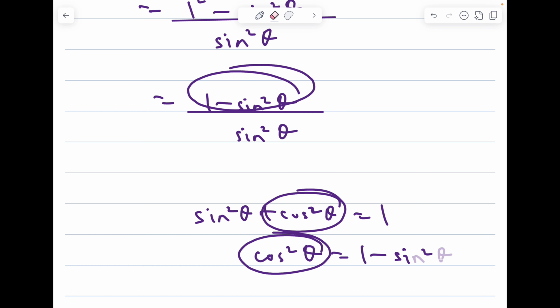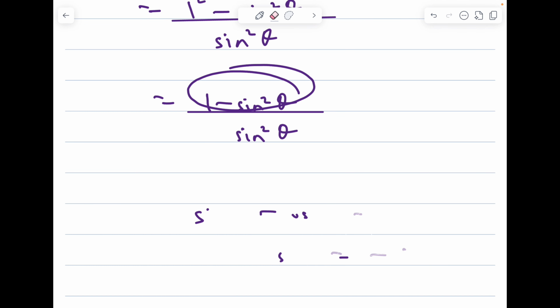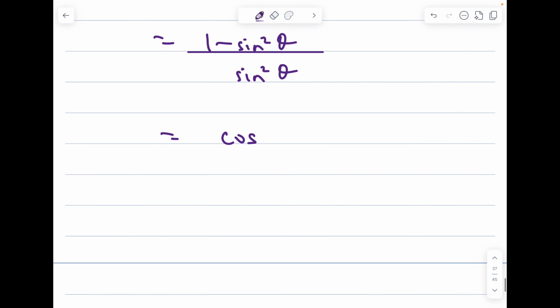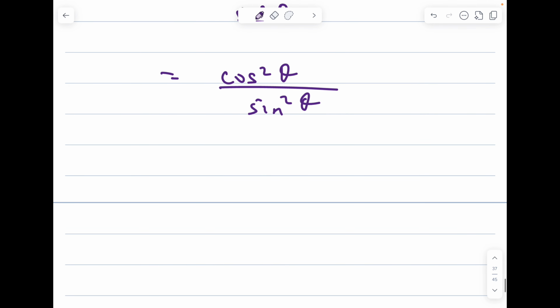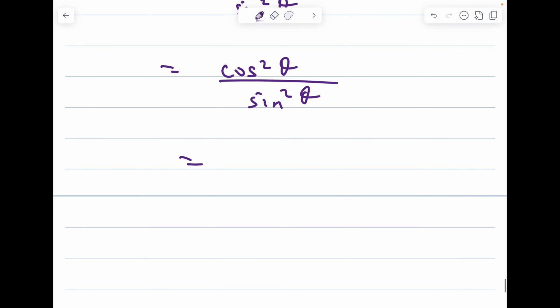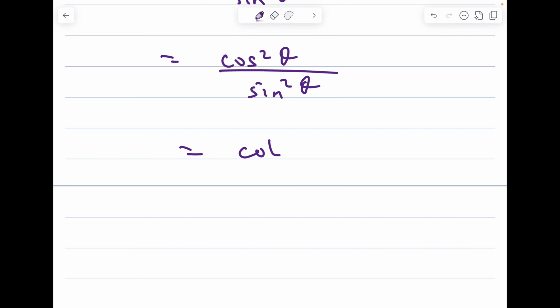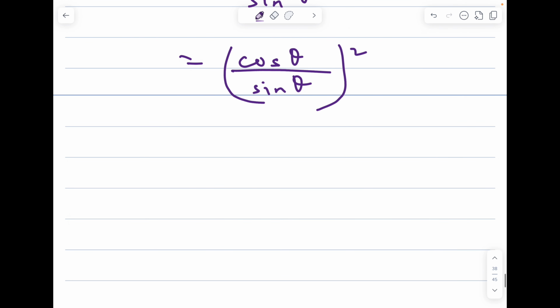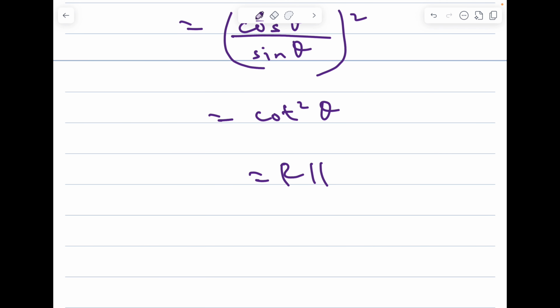That simply means it will be equal to cos square theta over sine square theta. And we know that cos square theta over sine square theta is the same as the square of cos theta over sine theta, which is equal to cot square theta. And that is the right hand side.